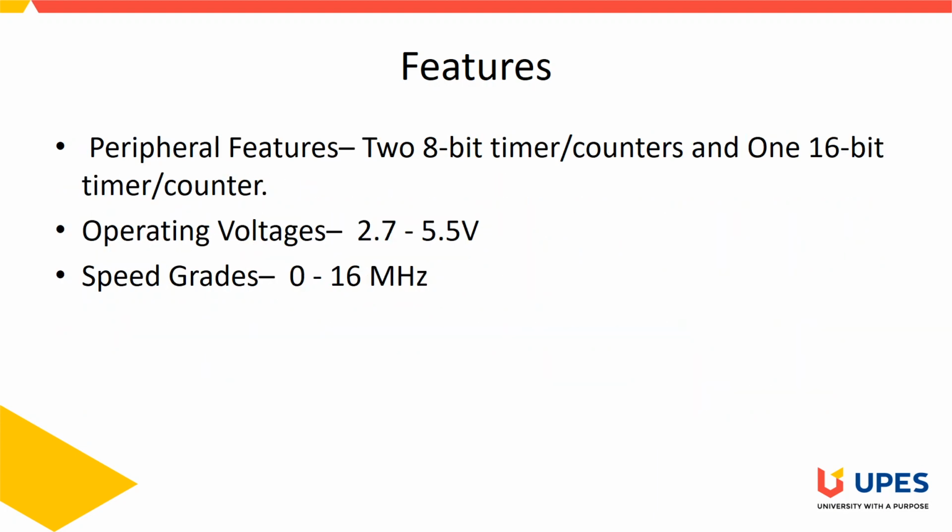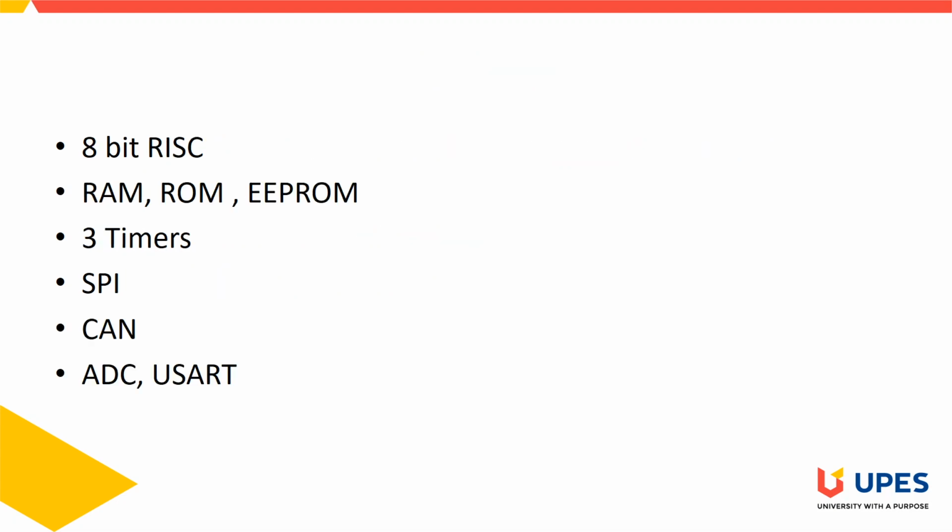Now talking about the peripherals, it has three timers: two are 8-bit timers and one is a 16-bit timer. If you talk about the operating voltage, it operates from 2.7 to 5.5 volts, and the clock speed varies from 0 to 16 megahertz.